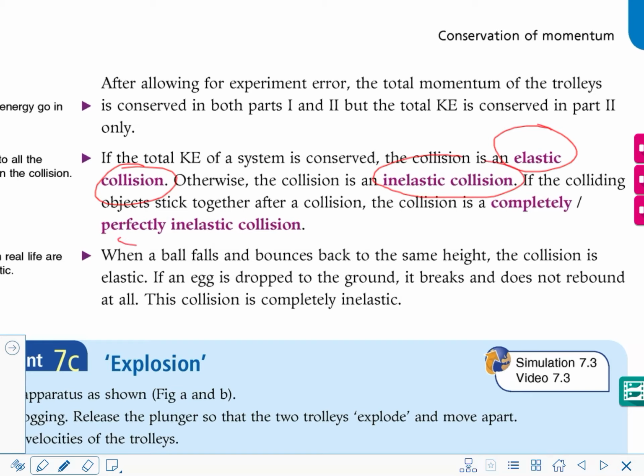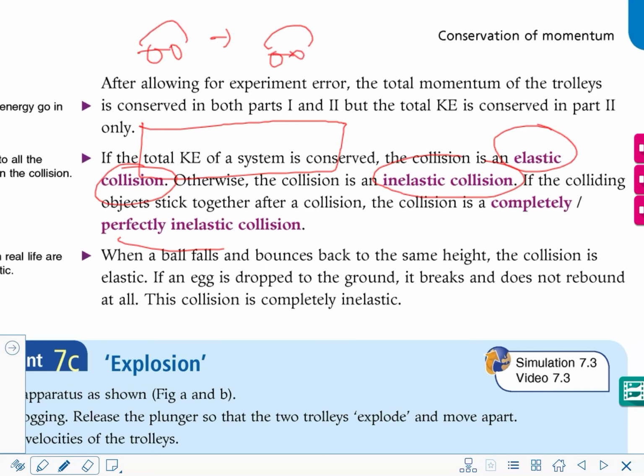Sometimes maybe we will think about the completely inelastic collision, but actually it belongs to an inelastic collision. The keyword to distinguish between them is the total KE of the system. Suppose we have a car colliding with another car.